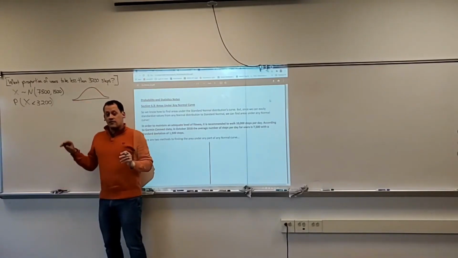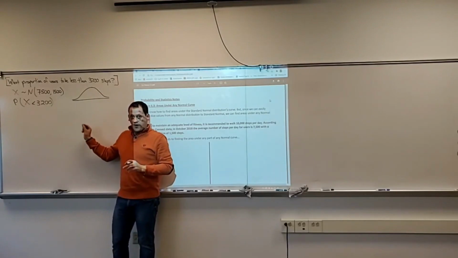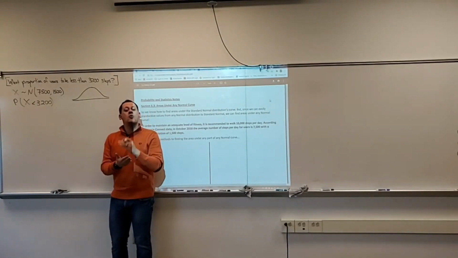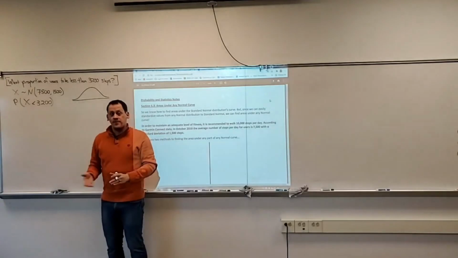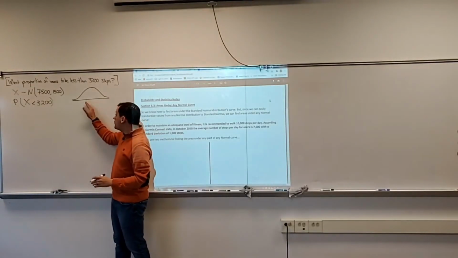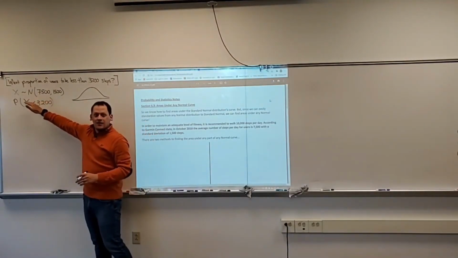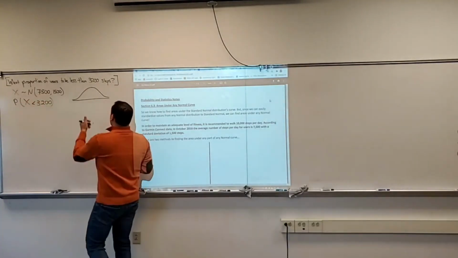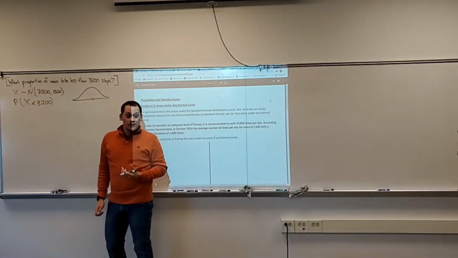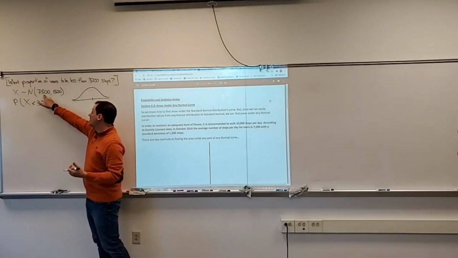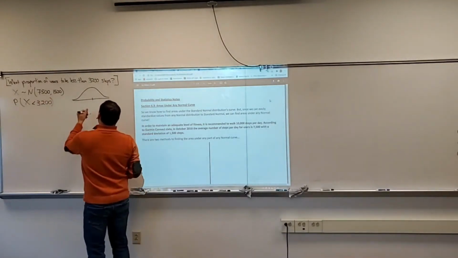But this curve is not the curve we were talking about in section 2. That was always using the standard normal. This is actually the original distribution of the x's. So usually in the middle, we would put 0. But here in the middle is 7,500.